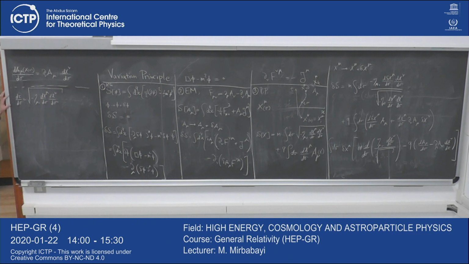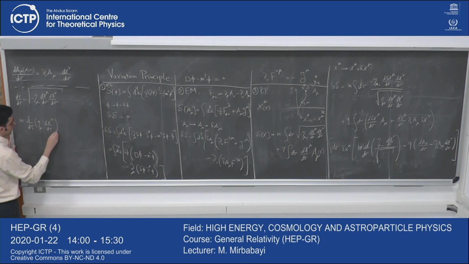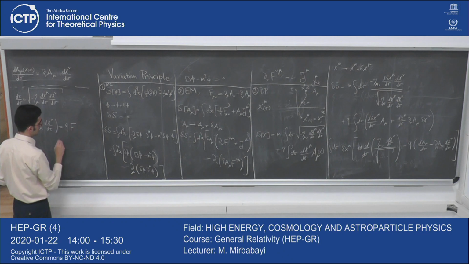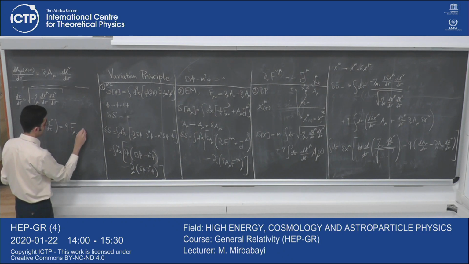So if we use that, then that equation becomes m times d/dτ of η_μν dx^ν/dτ is equal to q times F_μν times dx^ν/dτ.